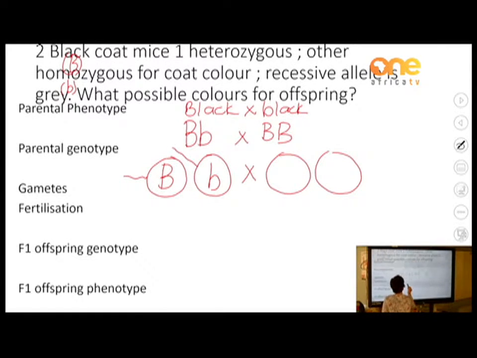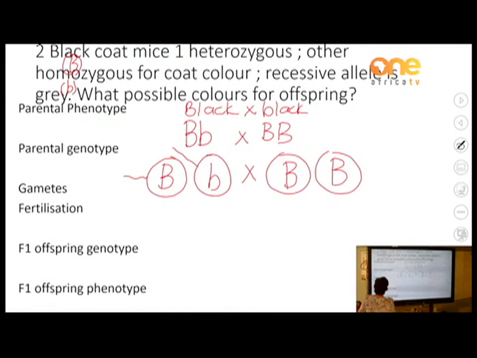The sperm can either have a capital B on it or a small b, because to form gametes, meiosis takes place. The homologous pair separates, so there can only be one. Now I have a haploid cell, and there we have that possibility.